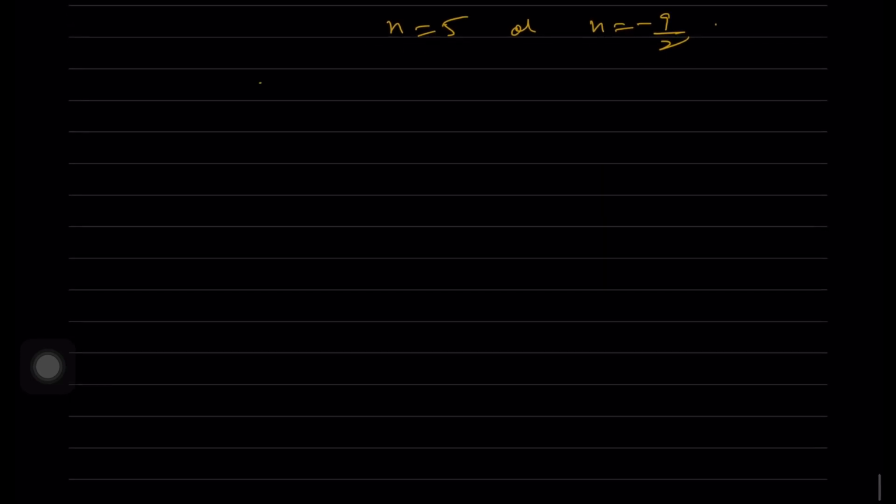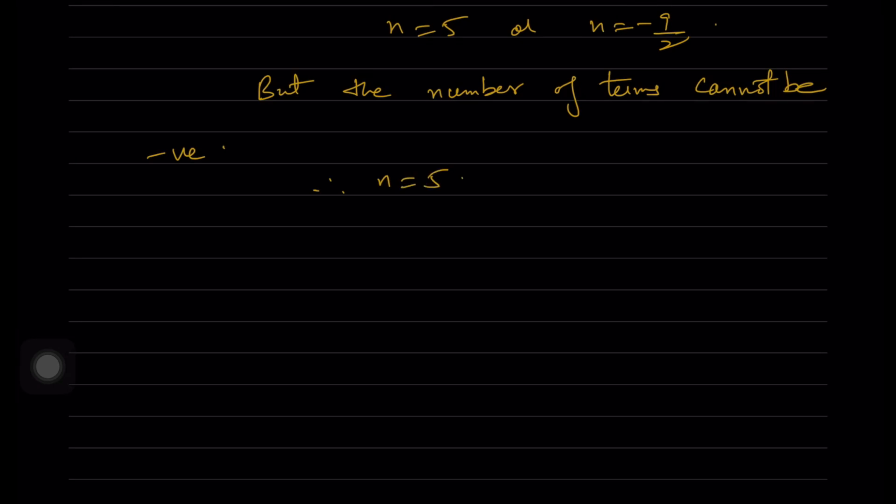Now we have to find out what is a5. But the number of terms cannot be negative, so n is equal to 5.